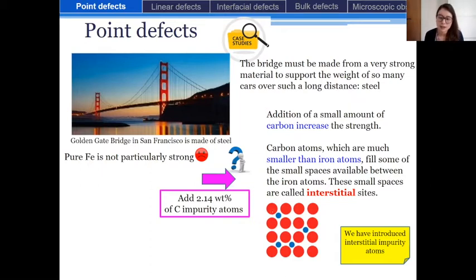Okay, so here is a representation of this crystal lattice of iron, which is represented in red, and in blue are represented carbon atoms in the interstitial sites. And so we say that carbon is an interstitial impurity atom.